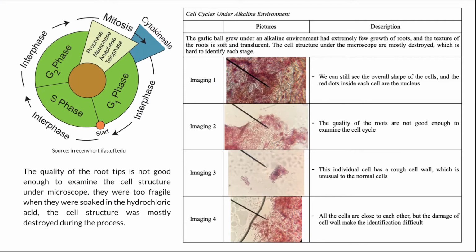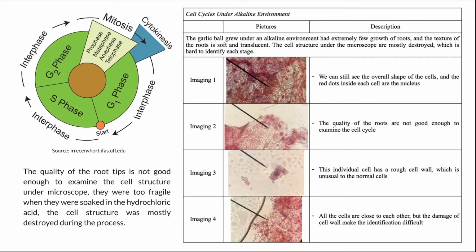because the alkaline condition will affect the cell structure of the root, which made the root weaker to resist the erosion from the hydrochloric acid and other chemicals that we need to apply before we start to examine it under the microscope.